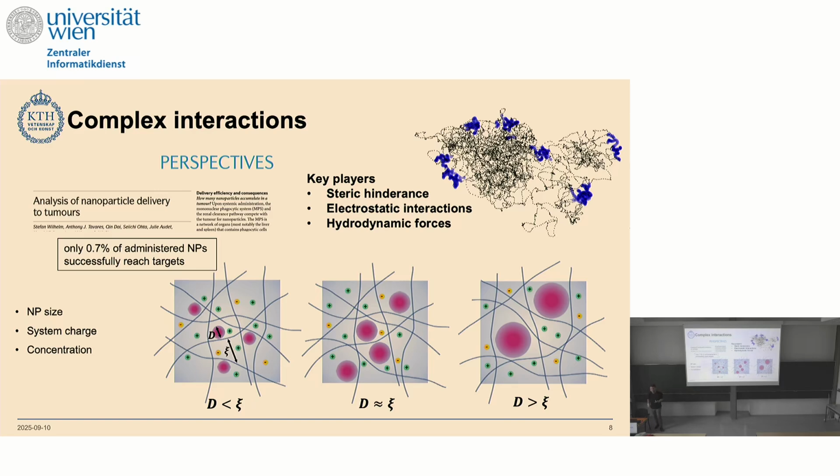they have shown that only 0.7% of the particles can reach the target because of the charge. Even though they are smaller than the mesh size of the system and could easily diffuse, because of the charge they stick to the surface or, let's say, the extracellular matrices.